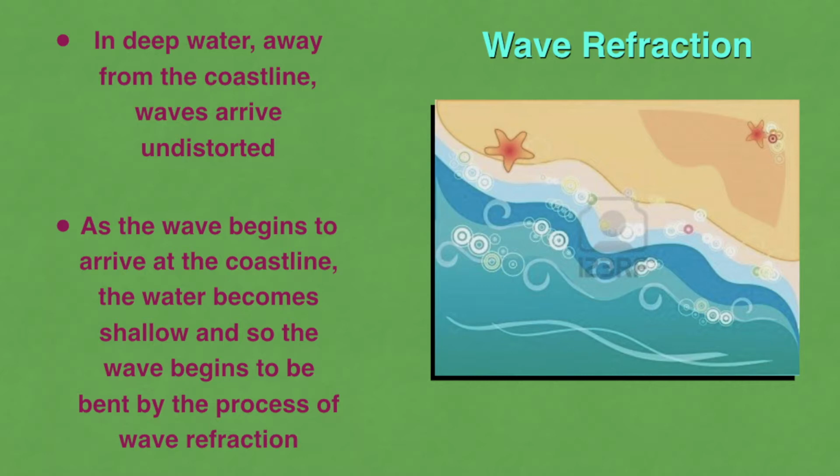Wave refraction. In deep water away from the coastline, waves arrive undistorted. As the wave begins to arrive at the coastline, the water becomes shallow, and so the wave begins to be bent by the process of wave refraction. And along the bay and headland, this refraction can be seen very vividly.